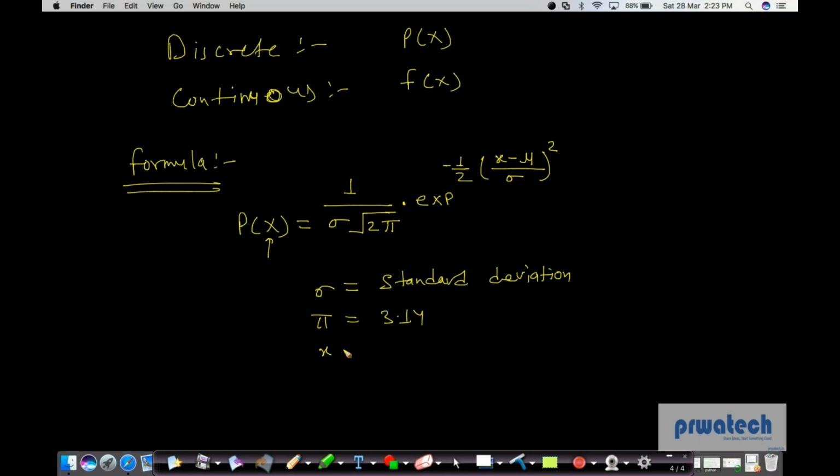Whatever random variable I want to find out, I need to know the value of it. So whatever value we see in the question, we put in place of x. Mean is the arithmetic mean, and again we know the standard deviation. So once we get these values, we can put them in the formula of normal distribution and get the result.